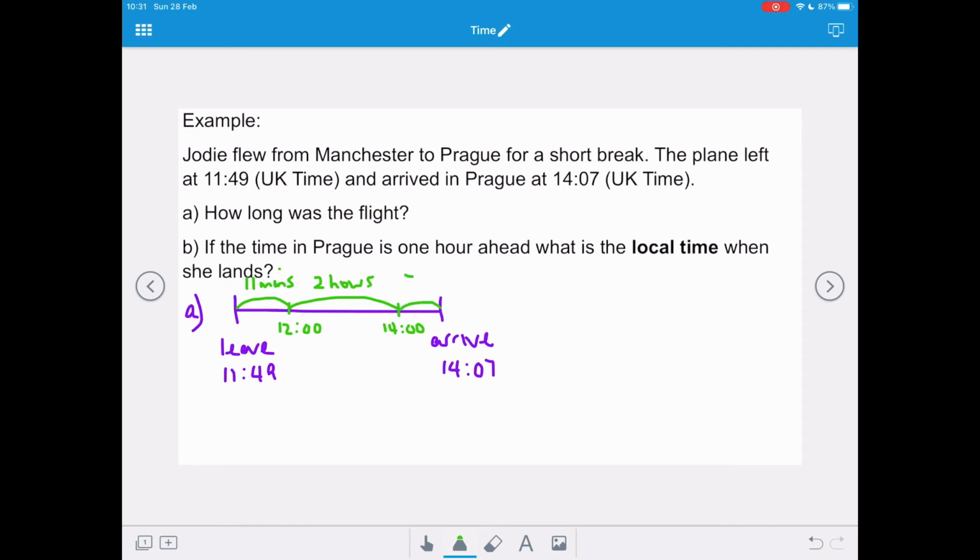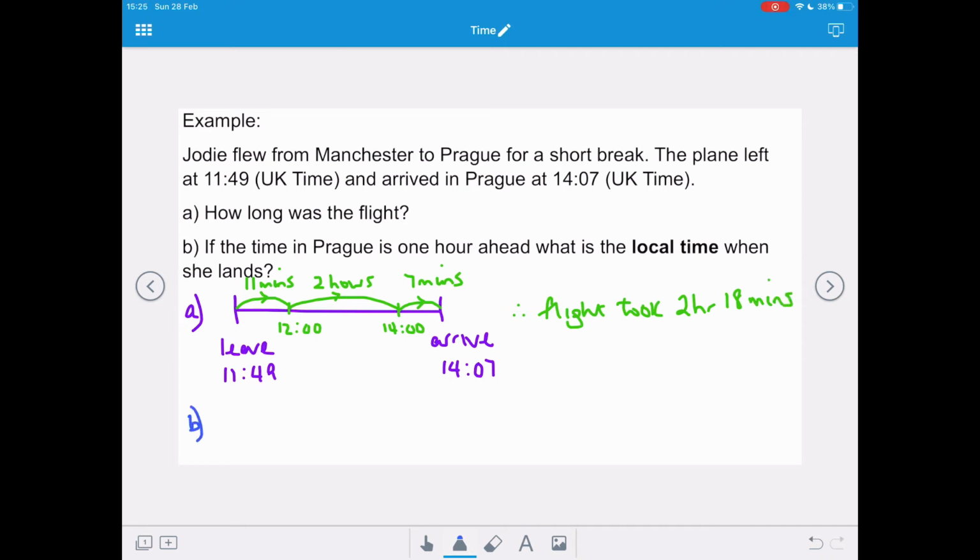And then we have 7 minutes to take us from 1400 hours to 1407. So if we add the hours and minutes together, we get the length of the flight. And so the flight took 2 hours, and 7 plus 11 gives us 18 minutes. So the flight took 2 hours, 18 minutes.